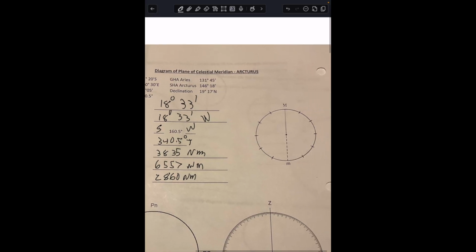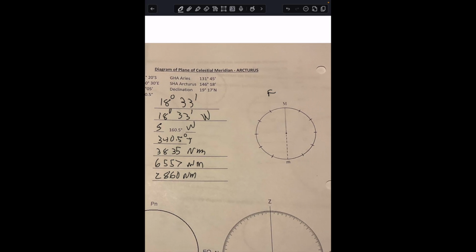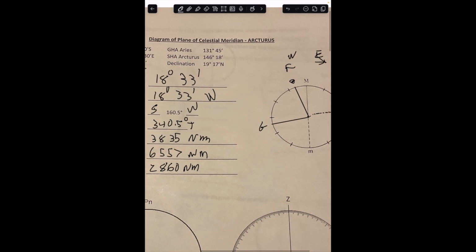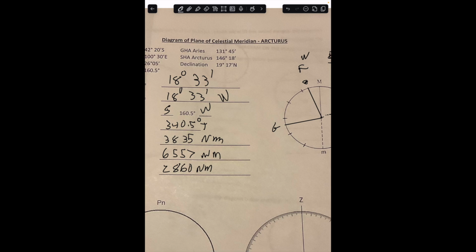So let's start by plotting Greenwich. Our longitude is 100.5 east, which means that Greenwich is 100.5 west of us. And we know that the t of the body is 18.5 west. But remember that Aries is involved here.